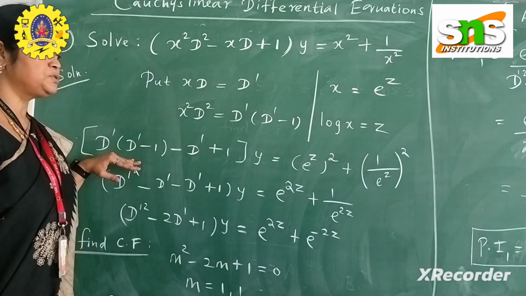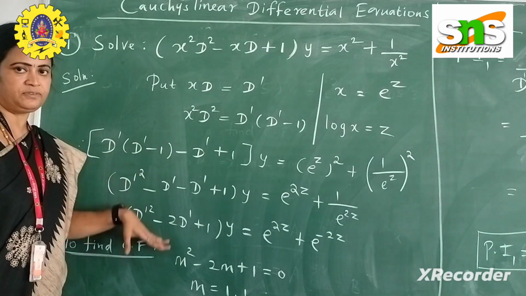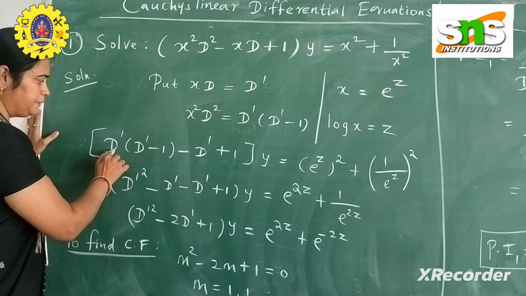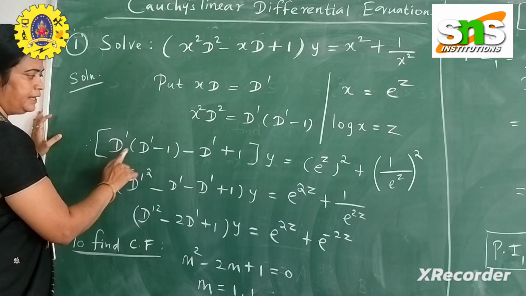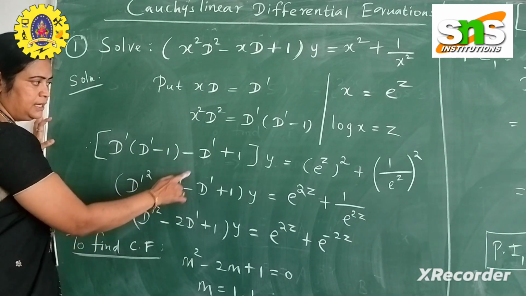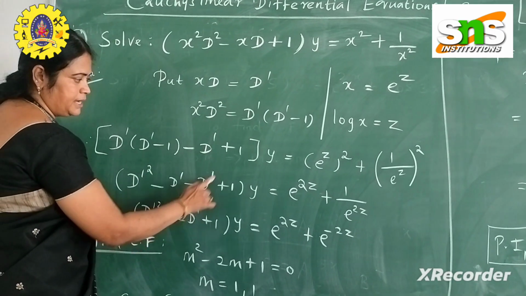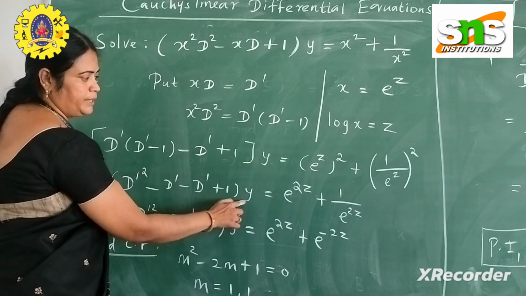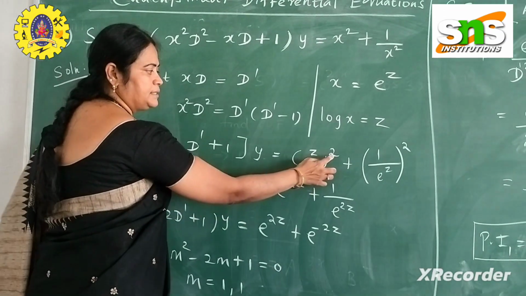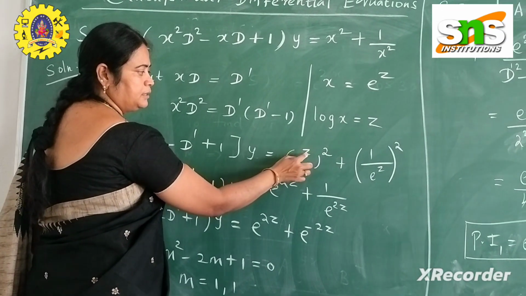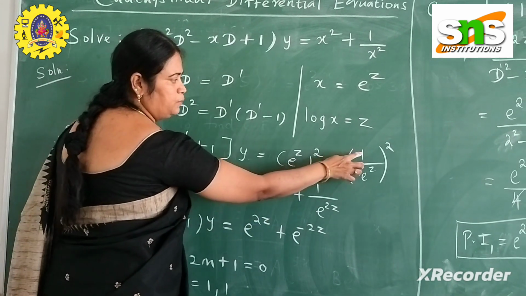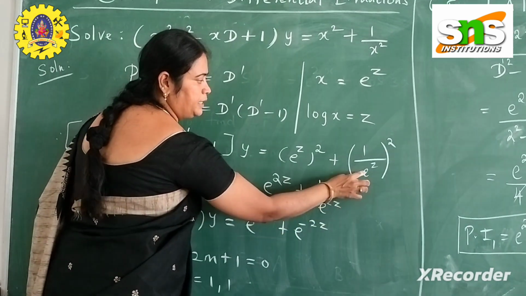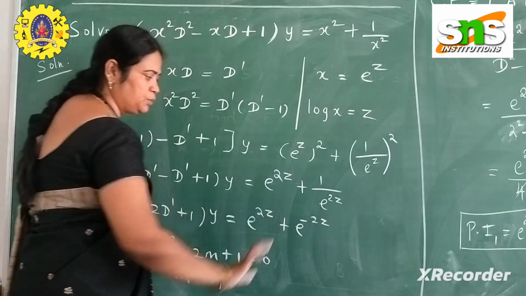So after the substitutions are made, you have to simplify this problem. You multiply this D' into D' as D'² minus D' into 1 is D', and here you are having 1, minus D' plus 1, into y equal to (e^z)². When you multiply these two, you get e^(2z) plus, similarly, 1 square is 1 divided by (e^z)² is e^(−2z).